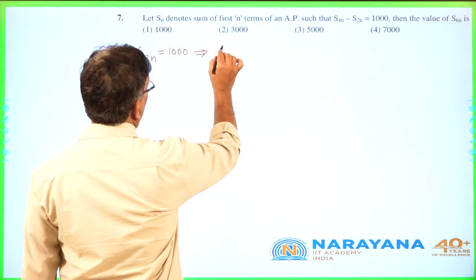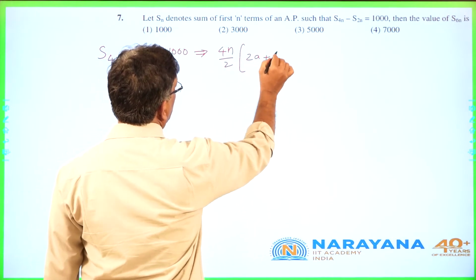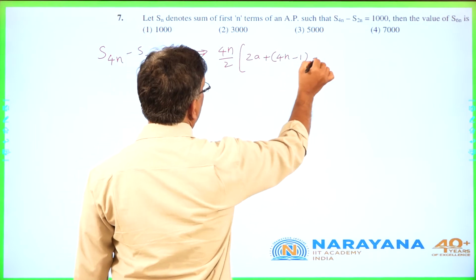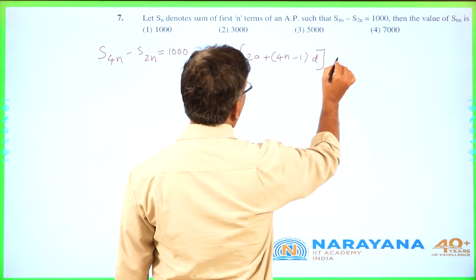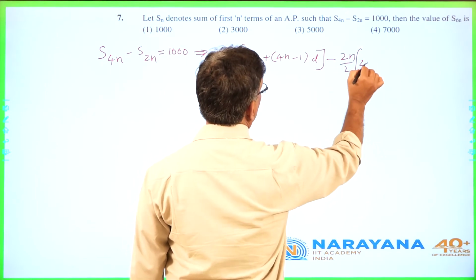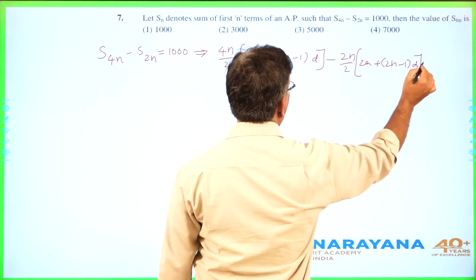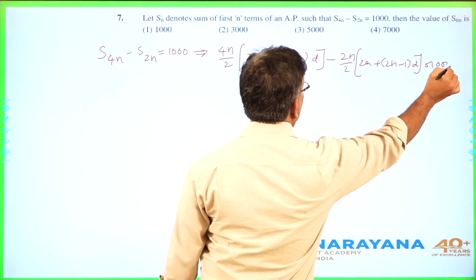So S4n, 4n by 2 into 2a plus 4n minus 1 into d, minus 2n by 2 into 2a plus 2n minus 1 into d is equal to 1000.